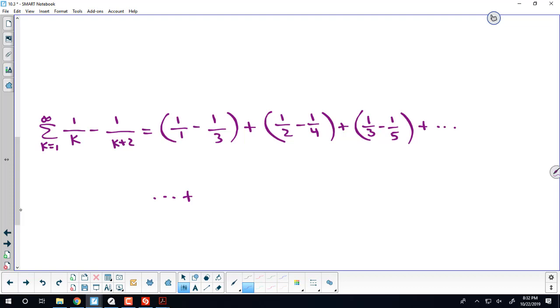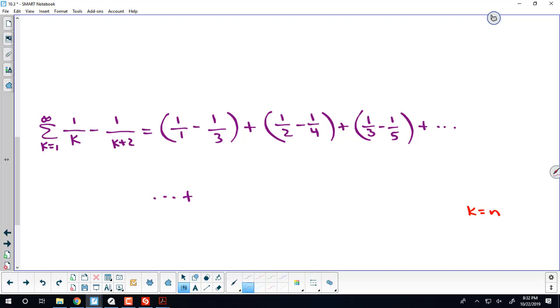So how many terms at the tail do we want to use? We want to use when k equals n, and what else? n minus 1 and n minus 2, because we see that the cancellation happens 2 pairs away. So if we're stopping with k equals n, we want to go 2 pairs in the other direction. Does that make sense? If you're unsure, then just write out a bunch of terms.